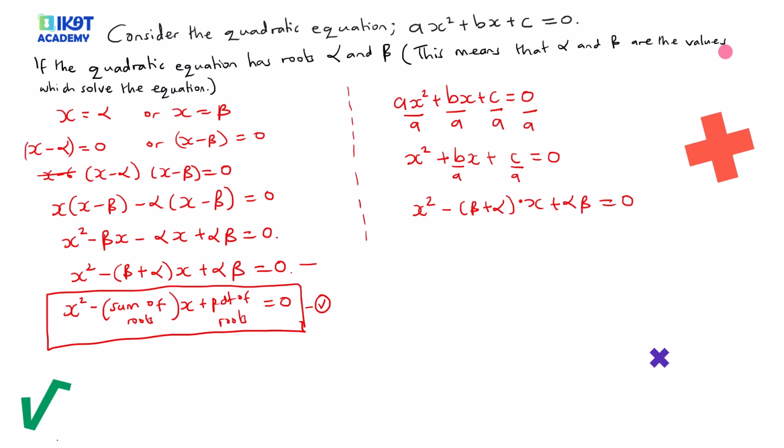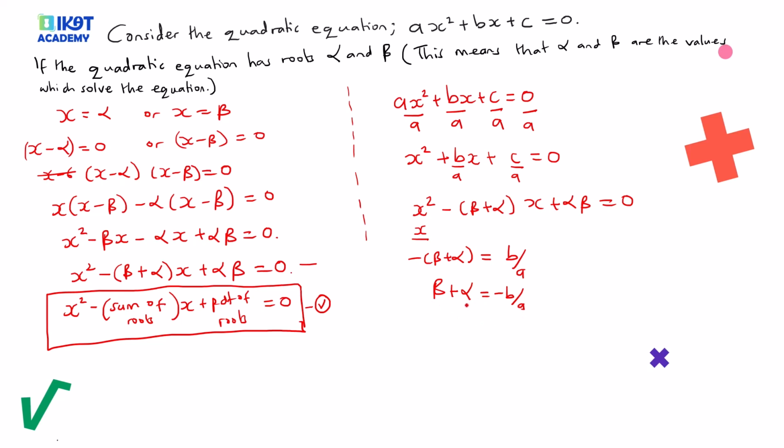So now we're going to compare coefficients. Remember, by comparing coefficients, I mean we are comparing the number just before the term. For x squared, the coefficients are the same, 1 and 1. Comparing the coefficient of x, negative alpha plus beta is equal to b out of a, so alpha plus beta is equal to negative b out of a.